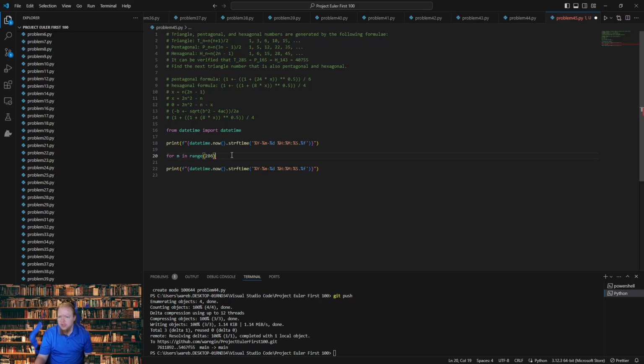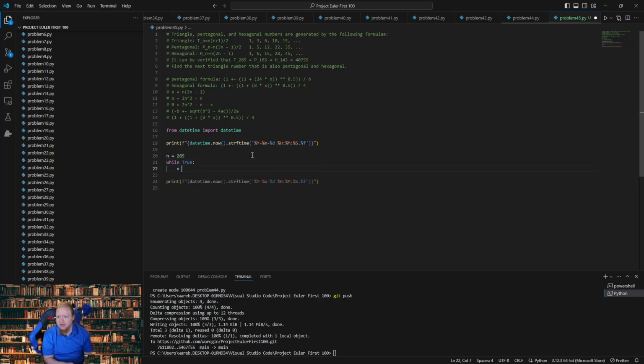And actually, I am going to go ahead and say n equals 286, and then I'm going to do a while true, and of course, while true loops have a very good chance of potentially being infinite loops. So we might not want it to do this.